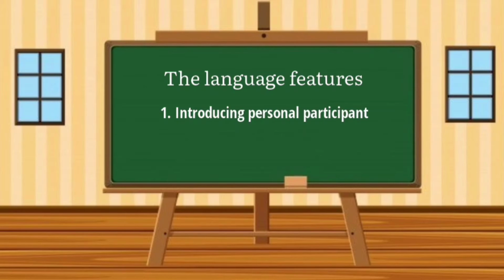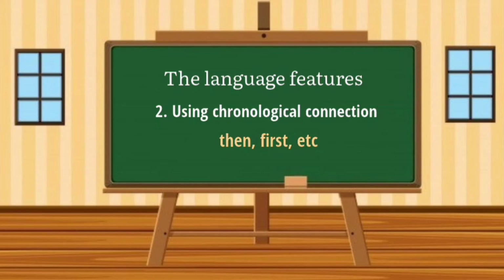And then, let's discuss the language features of recount text. The first is introducing personal participants, such as I, my group, my family, and so on. Second, using chronological connections, such as then, first.